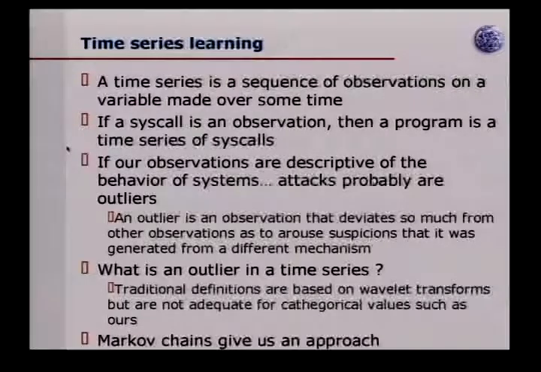traditional definitions for finding outliers in time series are based on a simple assumption that the time series is made of a sequence of continuous values. So, values that are real numbers. System calls are not real numbers. They are what we would call qualitative or categorical values.